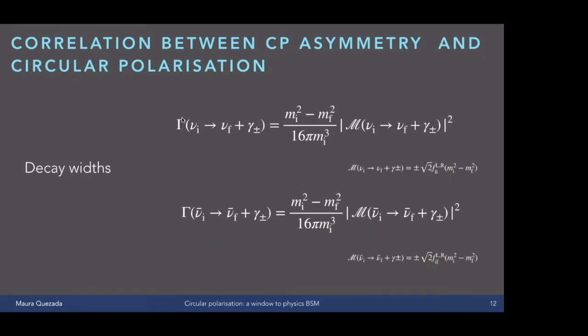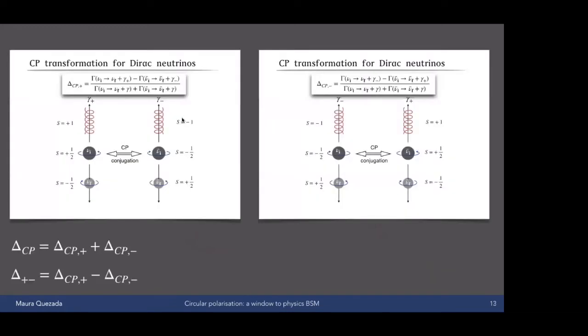And to give a small example of the relationship between CP asymmetry and circular polarization asymmetry, I have this example where a neutrino decays in the rest frame with spin plus 1/2 in the z direction.